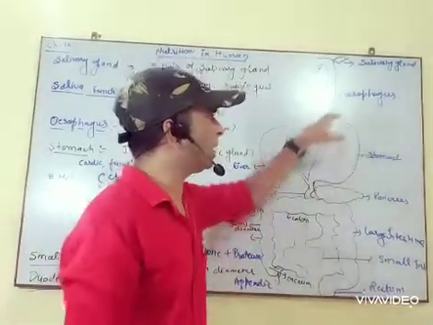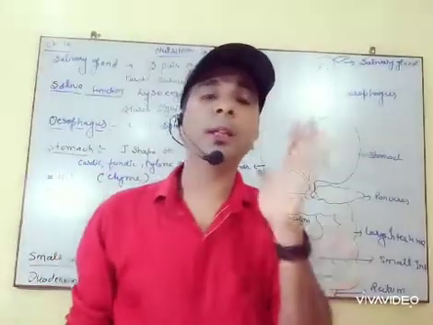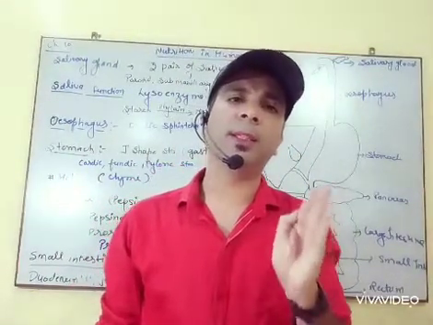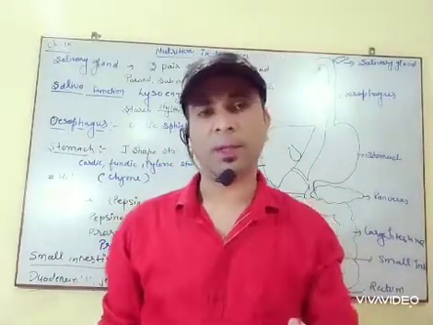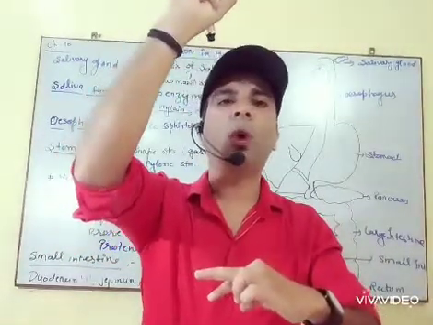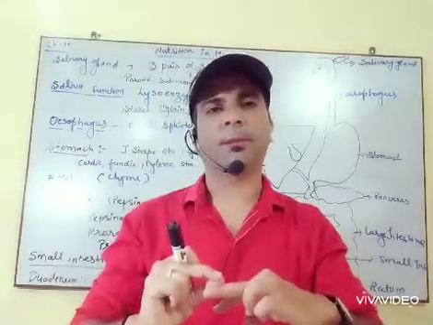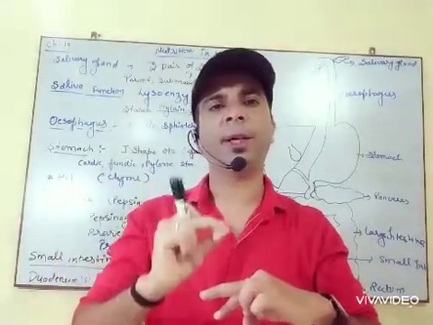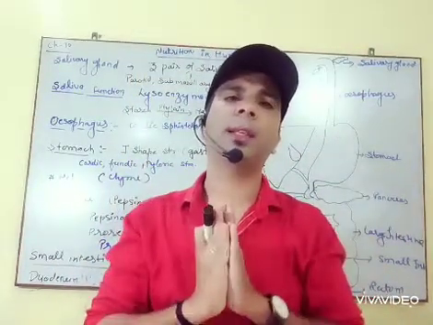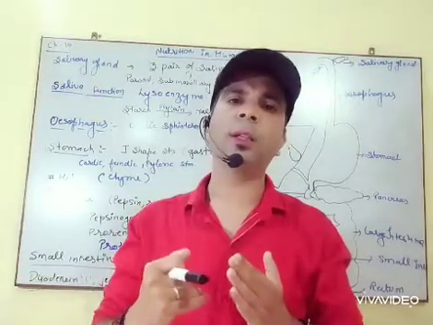Now next, the esophagus total length is 25 cm. There is no process of digestion taking place inside the esophagus. It is only a tube-like structure that joins the buccal cavity with the stomach. Stomach को buccal cavity से join करने के लिए एक लंबी सी tube होती है, that is known as the esophagus. How does the food material come from the mouth to the stomach?